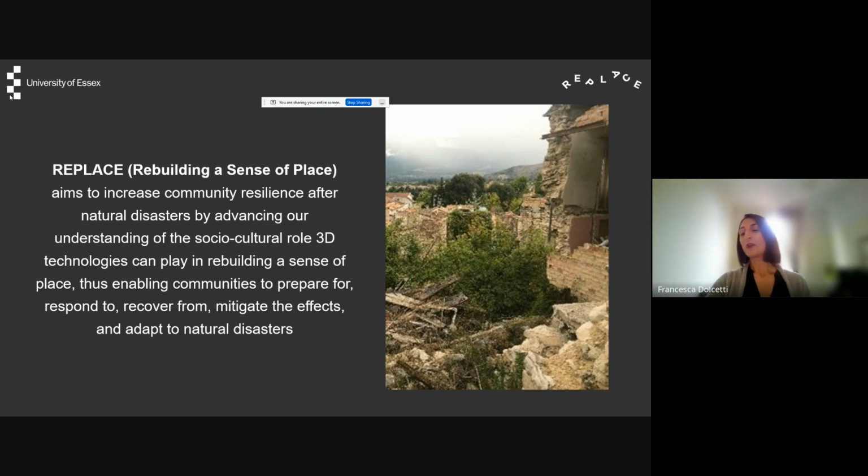So to follow through on this, we adopted a values-led and participatory design framework that was meant to craft values and ethical principles to be integrated into the project's digital outputs and practice from the very beginning.